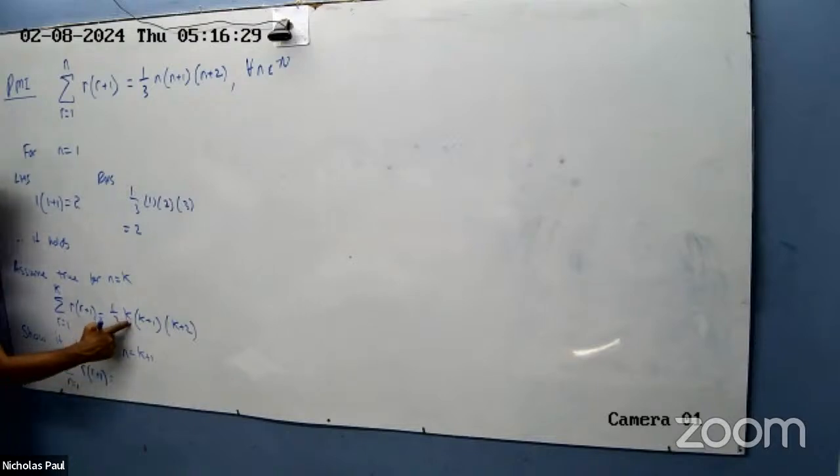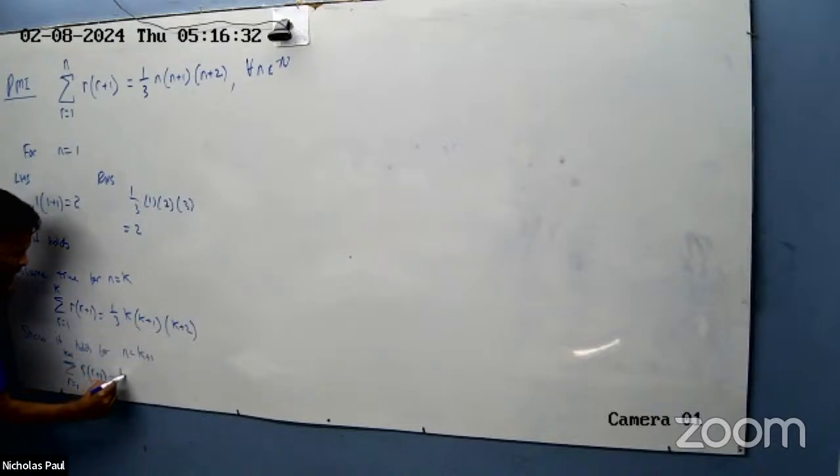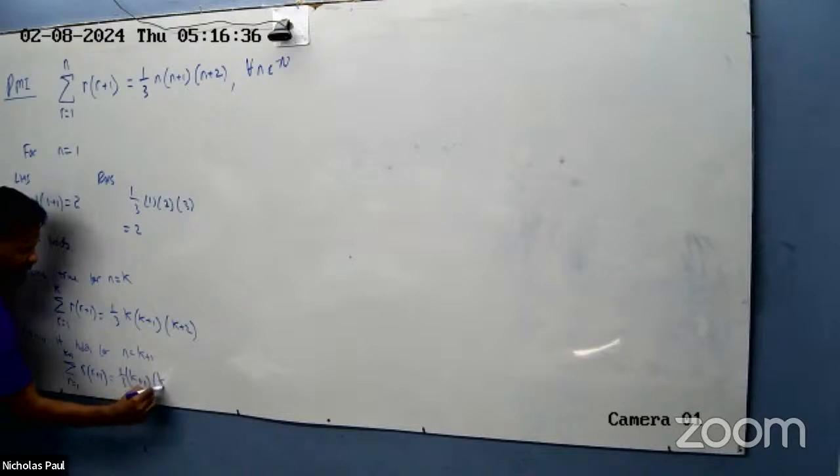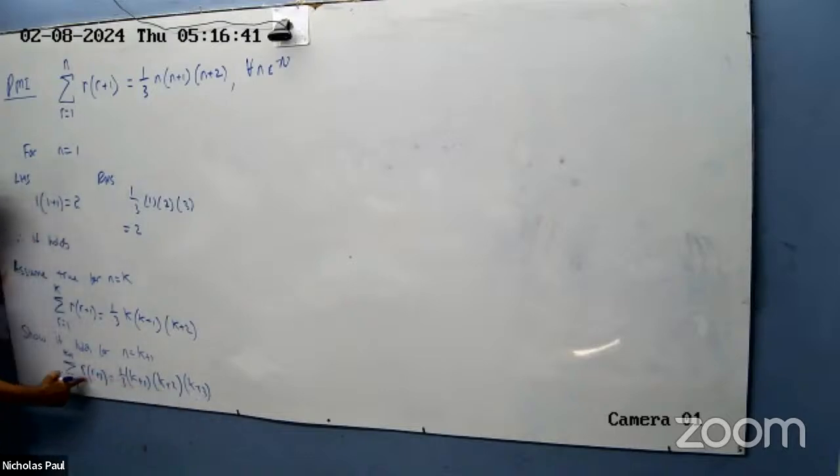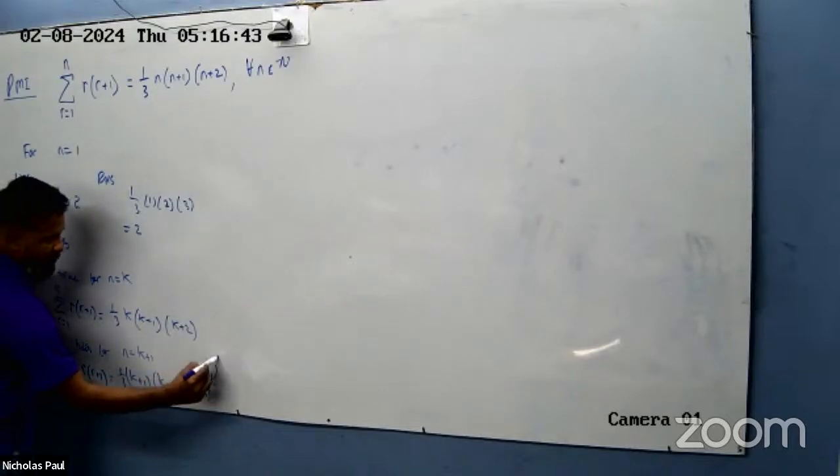I'm putting k plus 1 here, here, and here. So I'll get 1/3 k plus 1, k plus 2. So again, this is the statement that we're trying to prove.